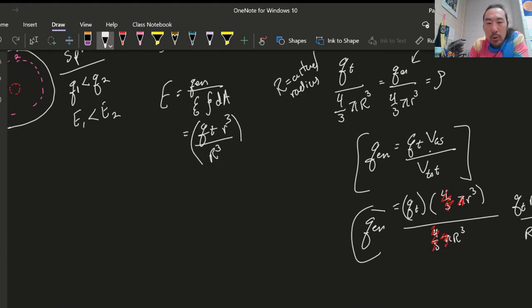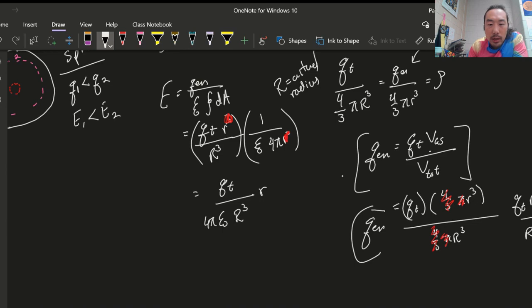So this is all Q enclosed times 1 over epsilon naught, and the surface integral is the surface area of the Gaussian surface, which is 4 pi lowercase r squared. And algebraically, once again, cool things happen. This cube goes away because there's a square down there, and we're left with Q total divided by epsilon naught, so 4 pi epsilon naught capital R cubed times r.